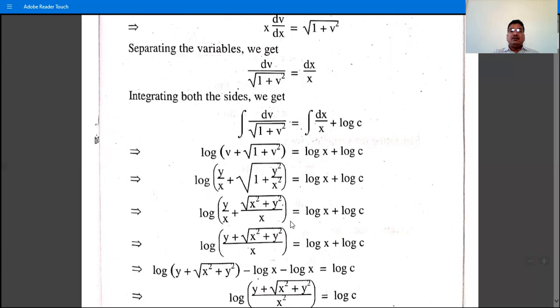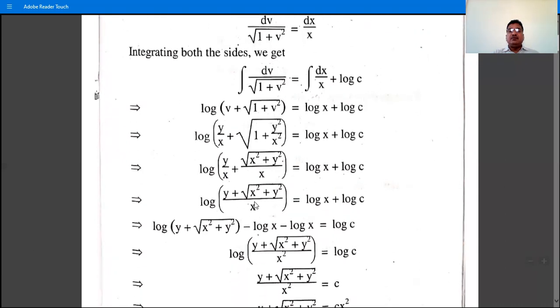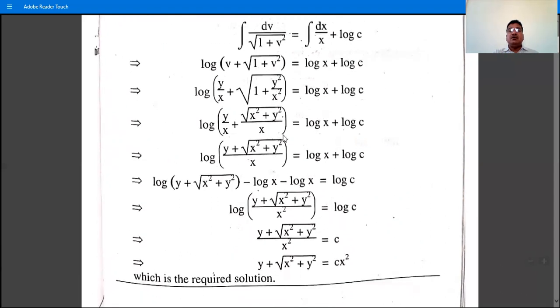And then take x square as LCM. So we have x square plus y square, and after separating the root, we have root x square plus y square divided by root x square, which is x. And then take x as LCM. Now we have y plus root x square plus y square, and then use the rule log a by b is log a minus log b.